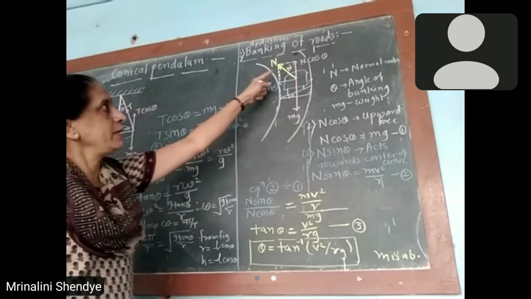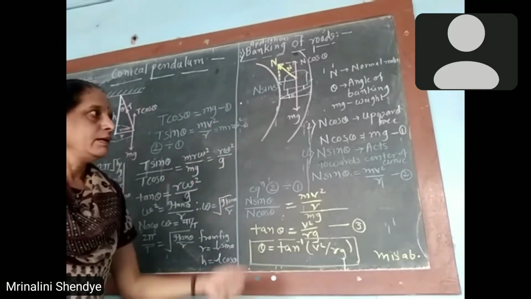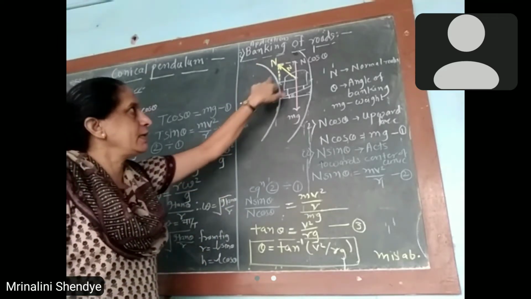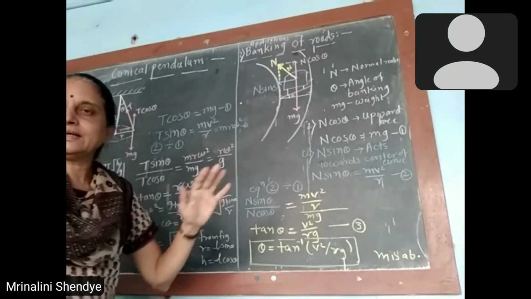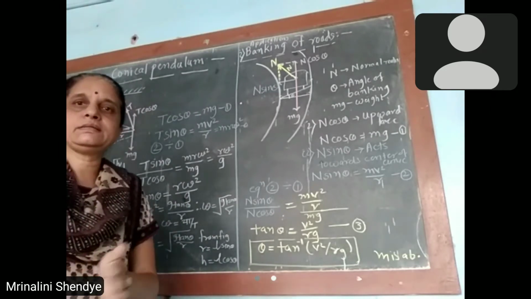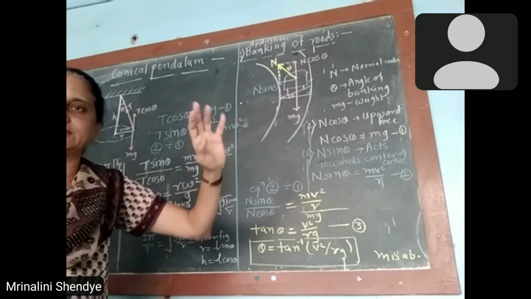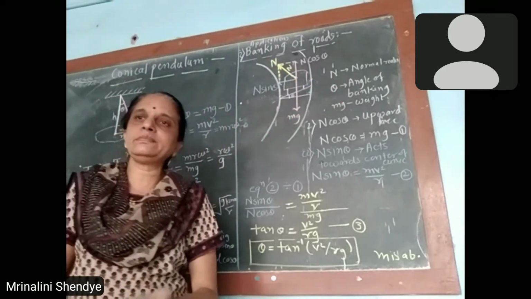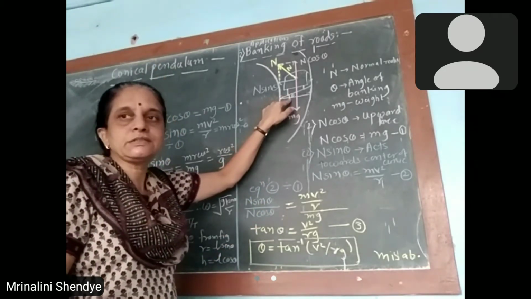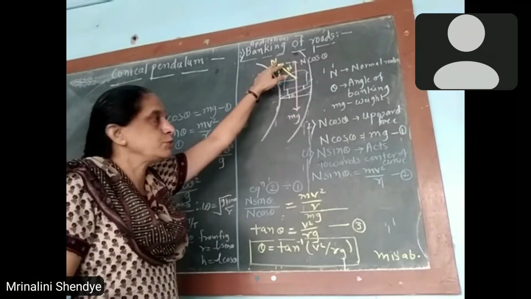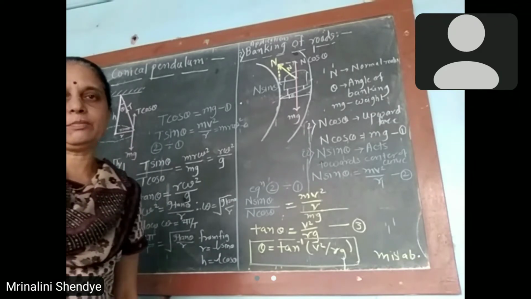But here, it is not our aim to find the components and the vector, the normal reaction. This is not our aim. Our aim is to find the angle called banking of road. This is the required angle, and you have to solve some problems based on it.